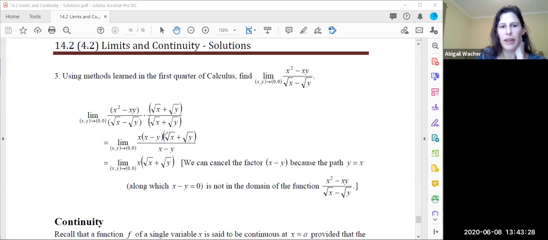And then leave the x minus y alone, because when you FOIL out the bottom, you know you're going to end up with x minus y, because you're getting rid of the radicals. And then at this point, you can go ahead and cancel out the x minus y's. We can cancel the factor x minus y because the path y equals x, along which x minus y equals 0, is not in the domain of the function. So that's why you're allowed to do that. And so you're left with the limit as (x,y) approaches (0,0) of x times (square root of x plus square root of y).